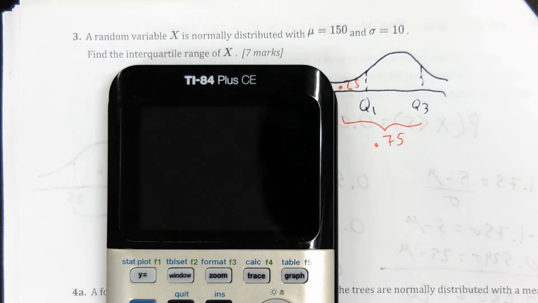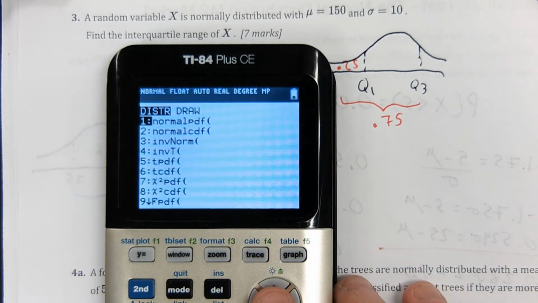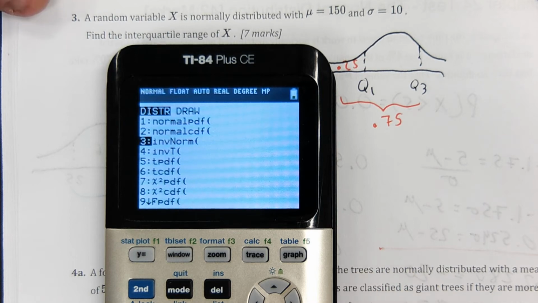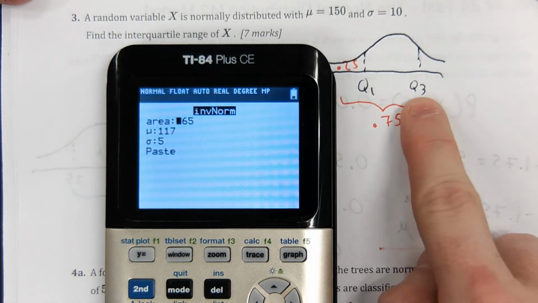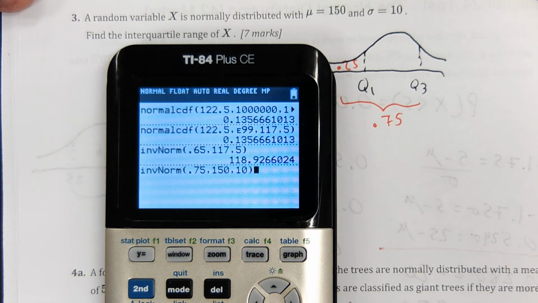Let's do Q3 first because we know we're going to do Q3 minus Q1. Inverse normal. Our area to the left of Q3 is 0.75. Our mean is 150. Our sigma is 10. And it'll give us this number.